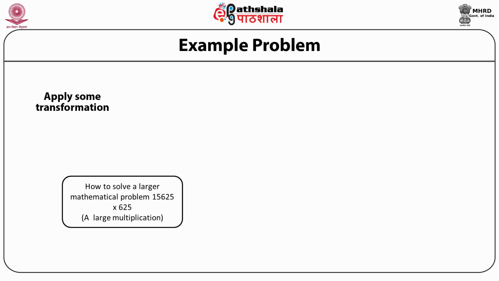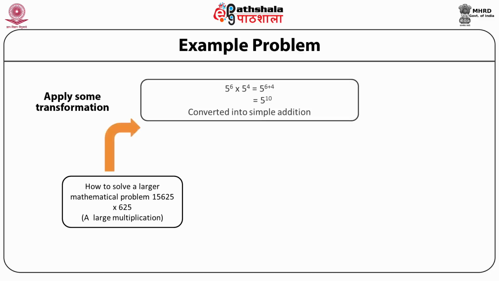For example, 15625 can be written as 5 power 6 and 625 can be written as 5 power 4. Then 6 plus 4, we can just add it, 5 raised to the power 10. Now this, which was a complicated multiplication problem, has been converted into a simple addition problem.